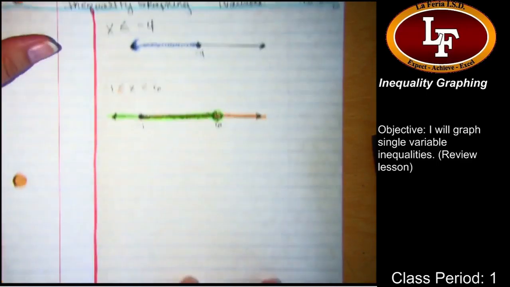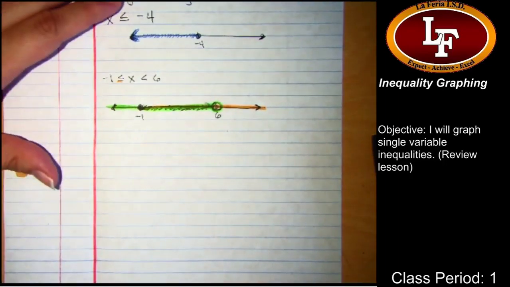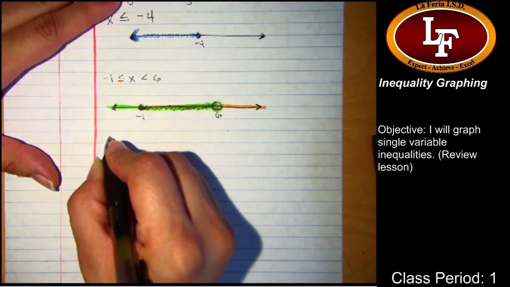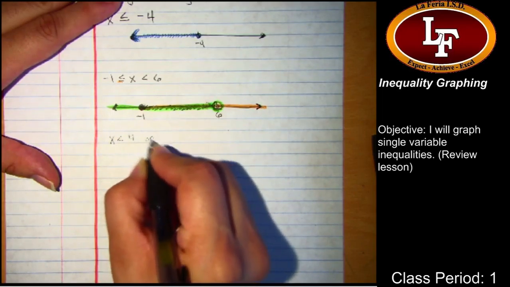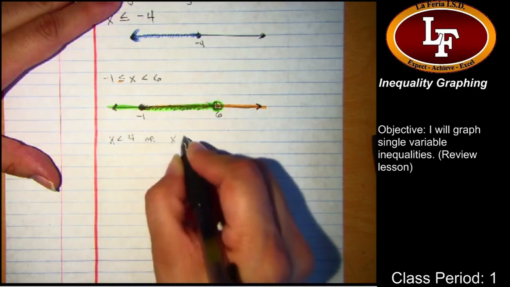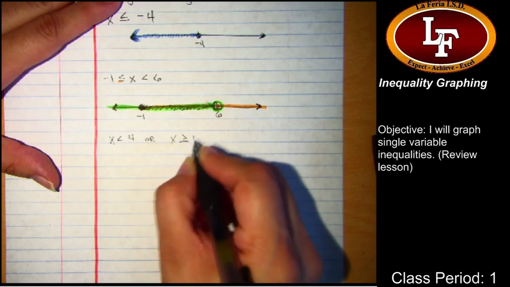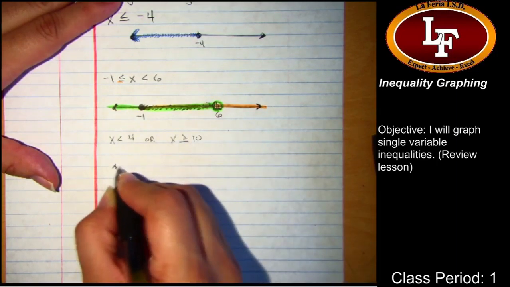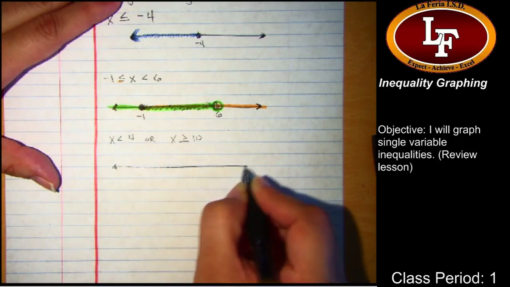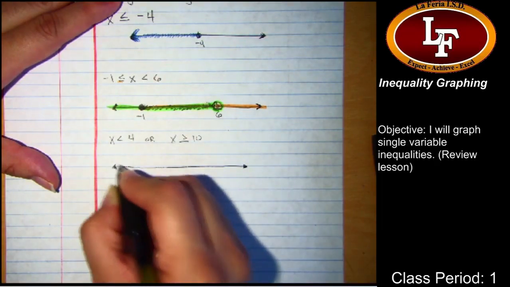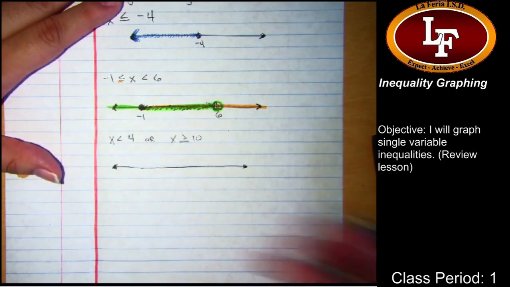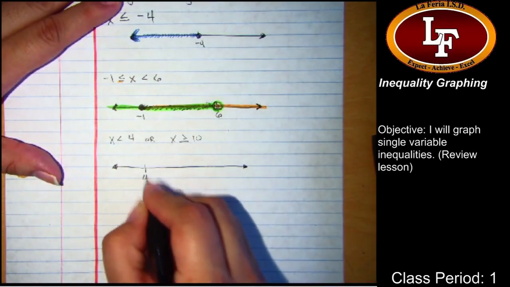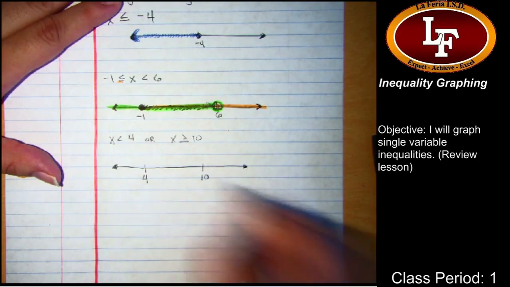Right. We're going to do one more example. And then we're done. x is less than 4 or x is greater than or equal to 10. I hope those numbers work out and give me a picture that makes sense because I just made them up off the top of my brain. Again, two landmarks, 4 and 10.